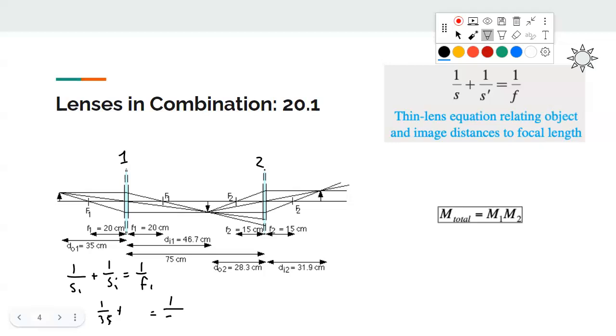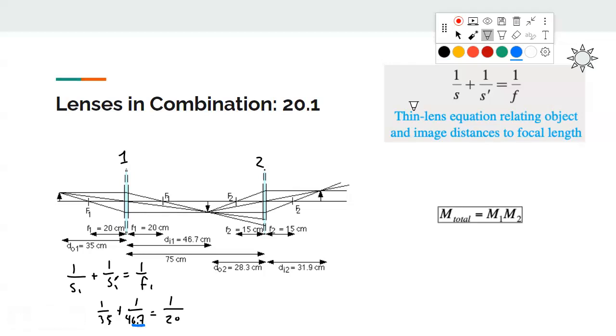F1 is 20 centimeters. And so we could then solve for what S1 prime is. And we would find, as it's labeled here, that this is 46.7 centimeters.